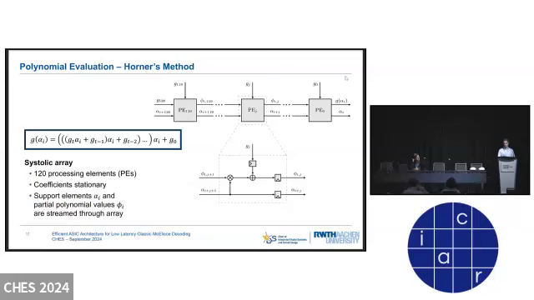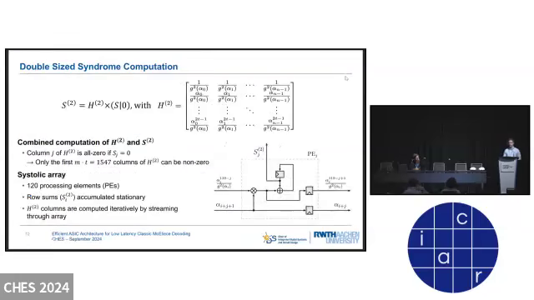The last step I want to describe is the computation of this double-sized syndrome. A double-sized syndrome is computed by computing a matrix vector product of double-sized parity check matrix H2, shown at the top right of the slide, with the syndrome.